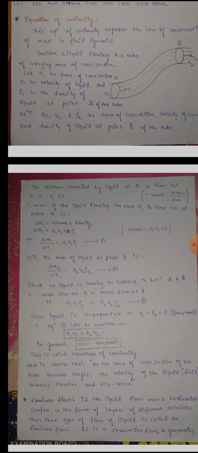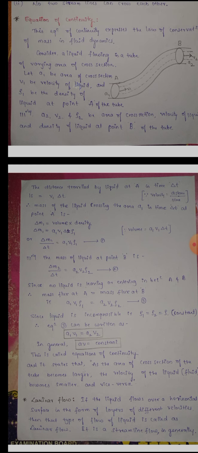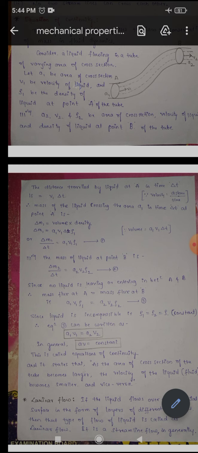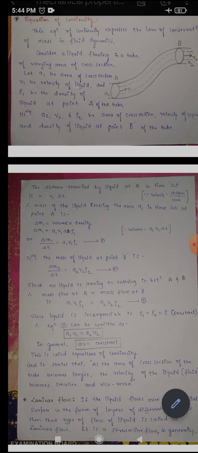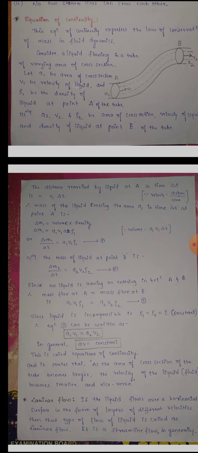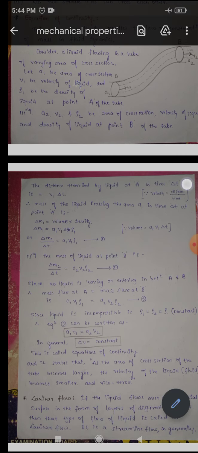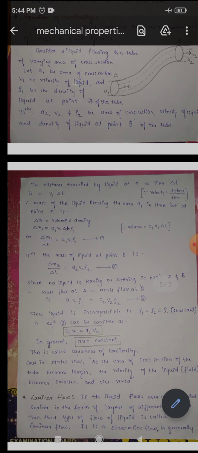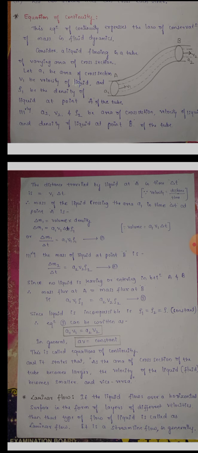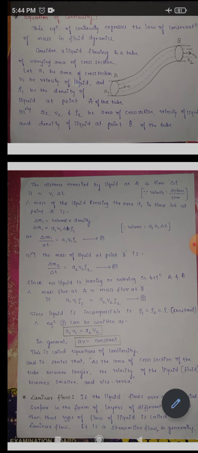Then the distance travelled by the liquid is V1 into delta t, because V1 is the velocity of the particle at the point A and delta t is the time, and we have velocity equal to distance divided by time. So distance is equal to velocity into time.